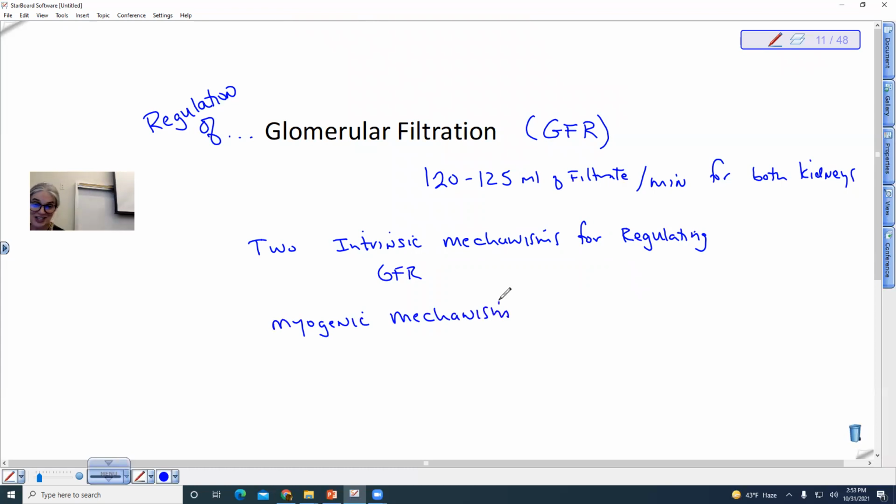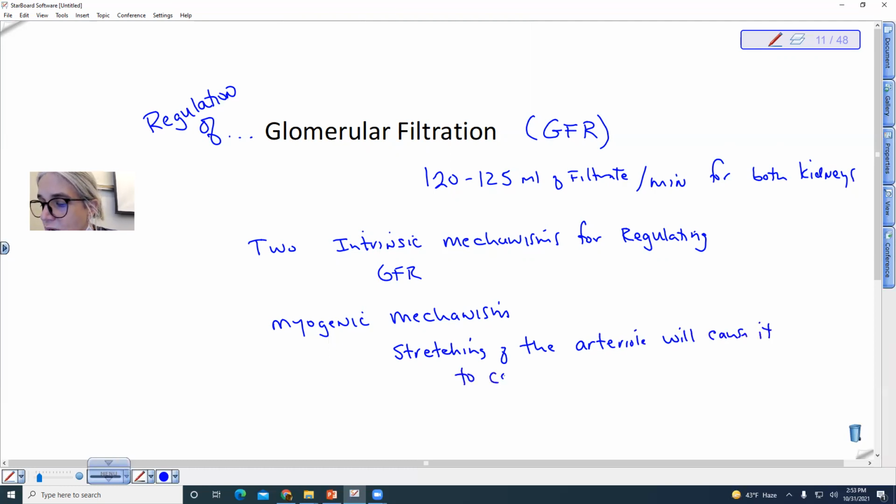Myo means muscle, generating. This is the idea that when smooth muscle in a blood vessel gets stretched, it automatically will contract. So stretching of the arterioles will cause them to contract.